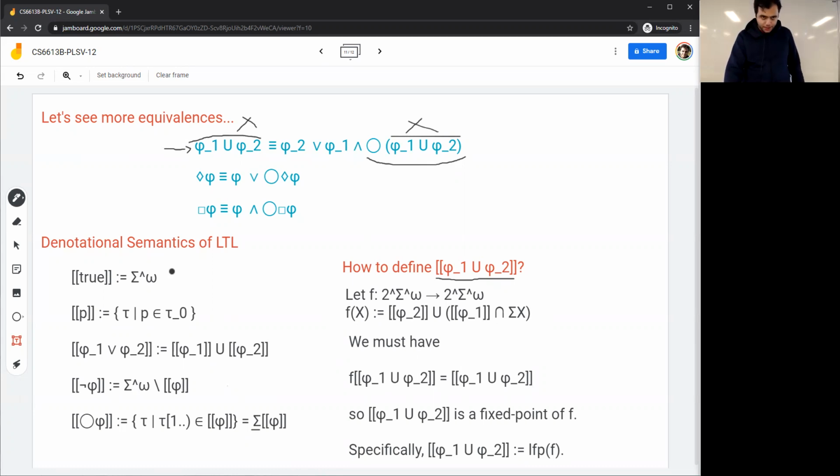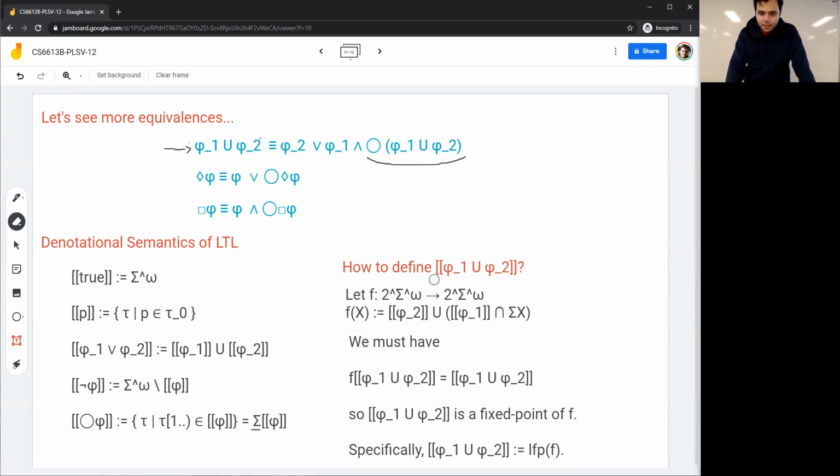Now, based on this, let me erase these things. So if I plug in the semantics of phi1 until phi2 in this, and I'm sorry about this, but this is until, this is union. So you have to just look at the types of things to realize what is until and what is union.